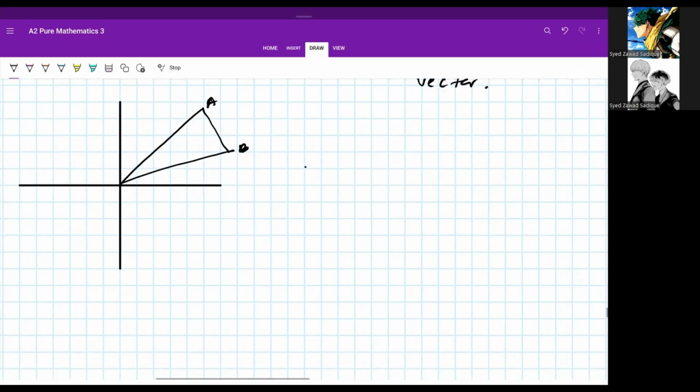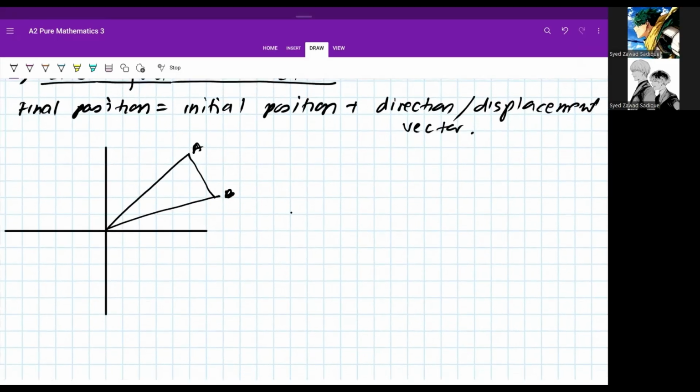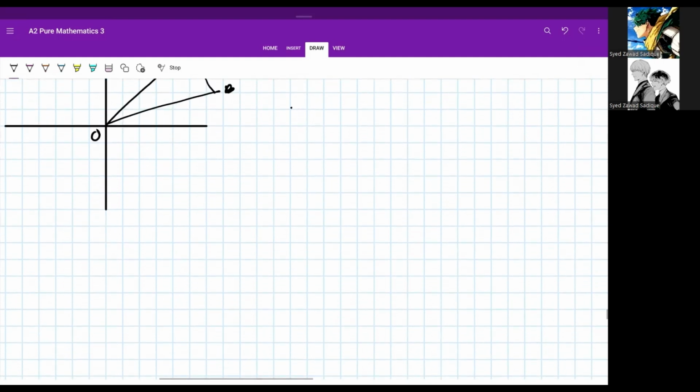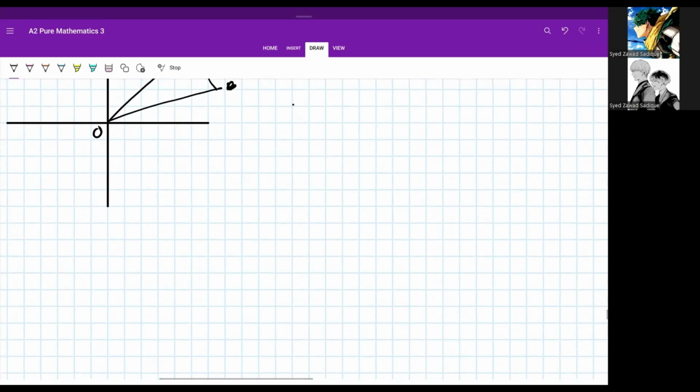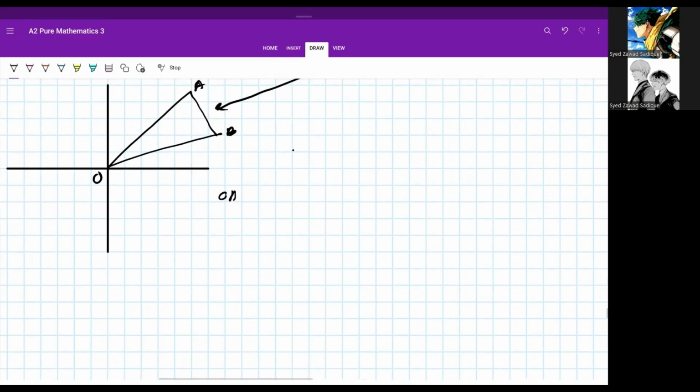Okay. Direction vector is very important. This is the direction vector or the displacement vector. Okay, so let's say in order to find OB.